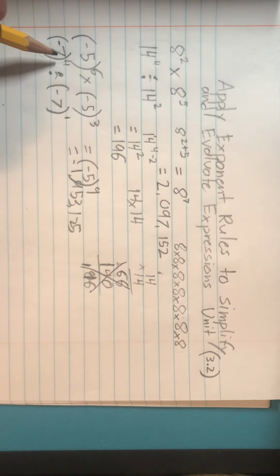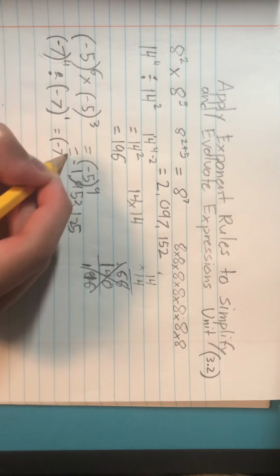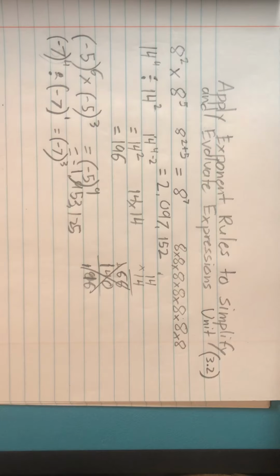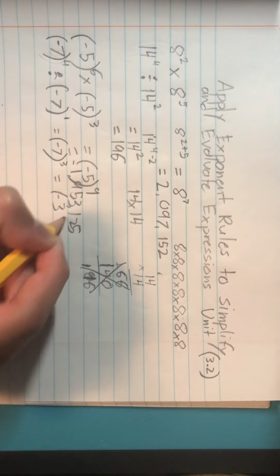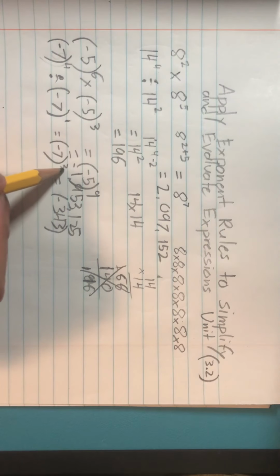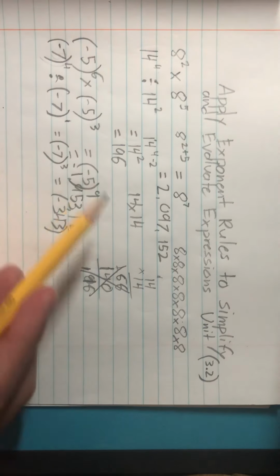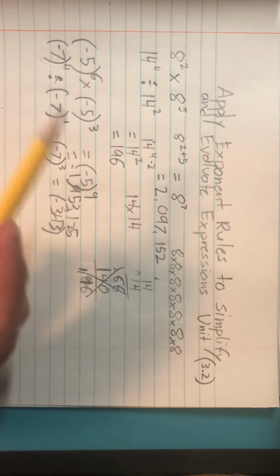You would just subtract the exponents, so the result would be negative 7 to the 3. So if we did 7 times 7 times 7, the result would be a negative, so it would be negative 343. Obviously, if the exponent is even, it would be a positive number, so just remember that. Unless the negative is not inside the bracket. But you know what I'm saying.